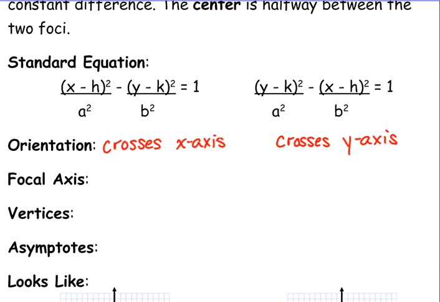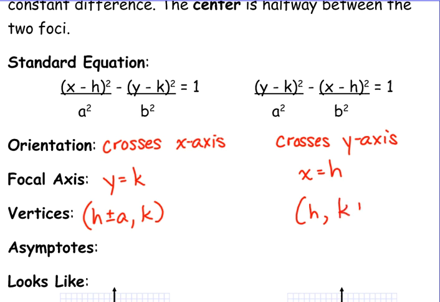So since we're crossing the x-axis with the first one, our focal axis is going to still be y equals k, and for the other one, it's going to be x equals h. Our vertices are in the same places as the other one. It's h plus or minus a, k, and then this one is at h and k plus or minus a.